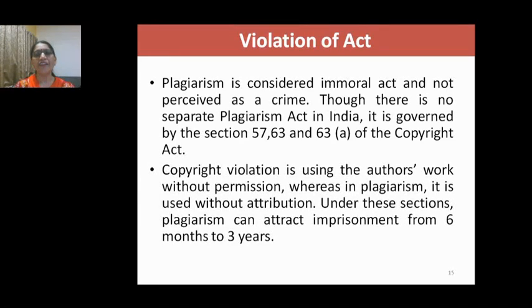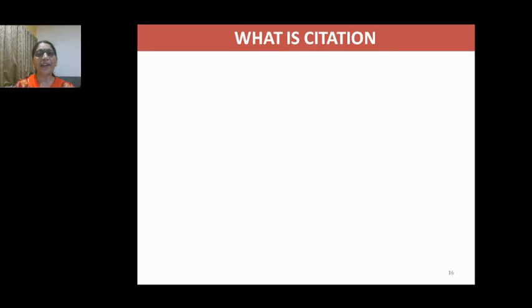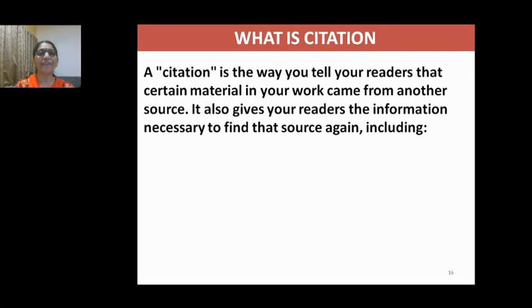Copyright violation is using the author's work without permission, whereas in plagiarism, it is used without attribution. Under these sections, plagiarism can attract imprisonment from 6 months to 3 years. So let us see what is citation, because citation is very useful to cite the original work.